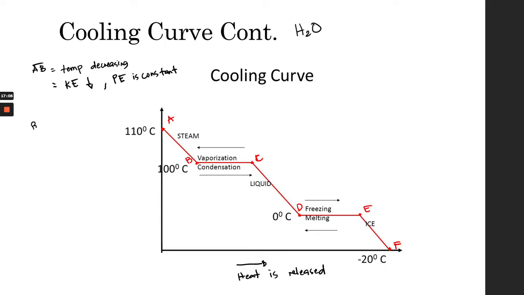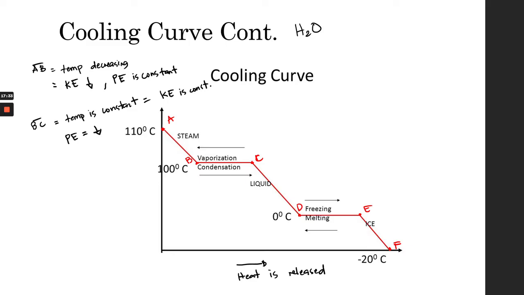Then we move to BC, where in this section the temperature is constant, so meaning the kinetic energy is also constant. But the difference is that the potential energy is now decreasing.